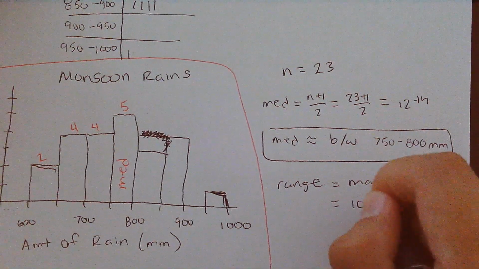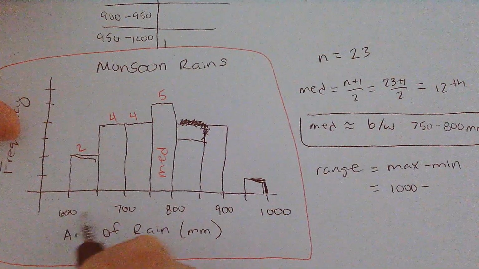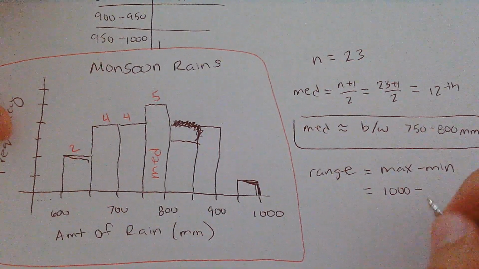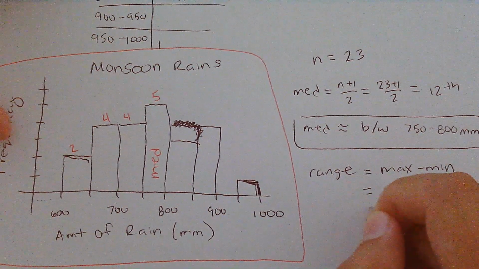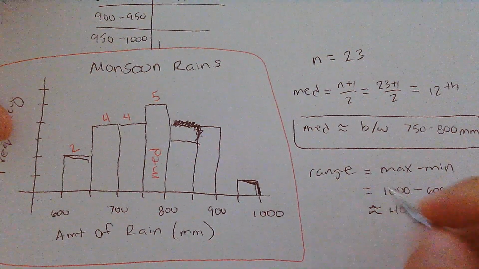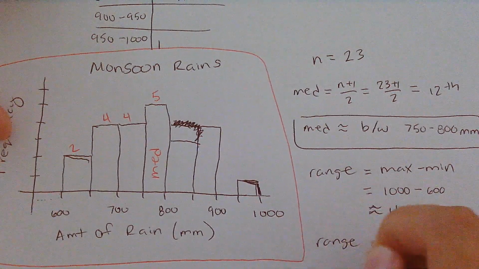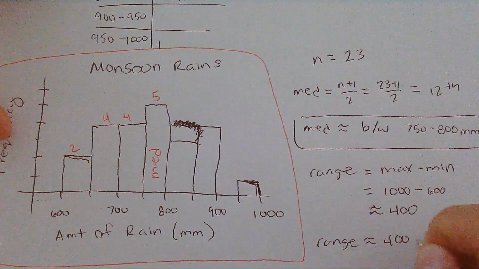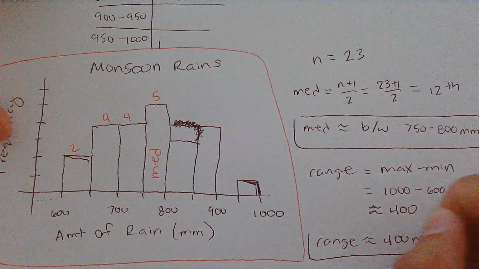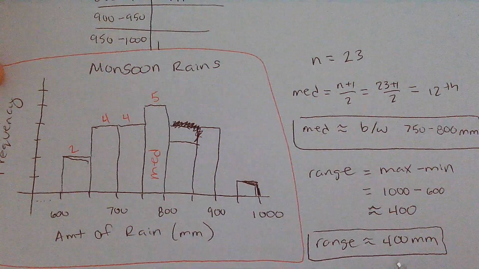So I'm going to use 1,000, and I do know here on my left-hand interval, the smallest possible number it could be is 600. So my range, and again I'm going to put approximately 400, my range is approximately 400 millimeters. Again, I have the true data, so I could find the actual range, but we're just approximating.